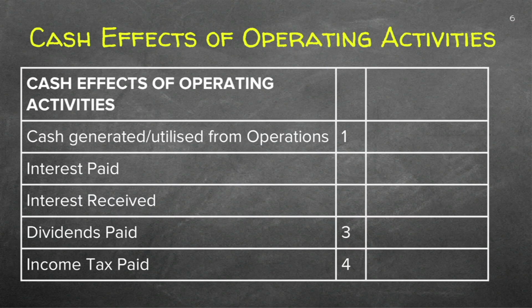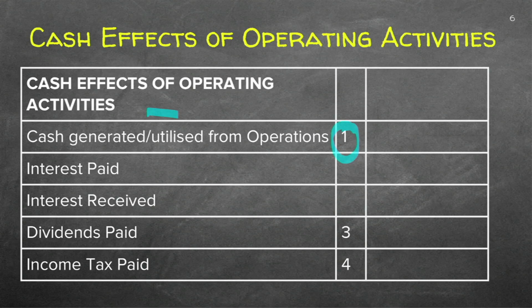So this is what your note, cash effects of operating activities, actually looks like. We always have the heading at the top, and we're going to be adding and subtracting amounts over here. And as you know, we will write the answer on the same line as cash effects of operating activities. So we've got cash generated or utilized from operations, which is note number 1.